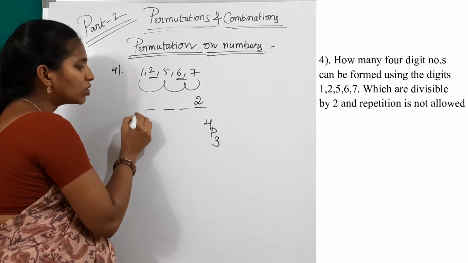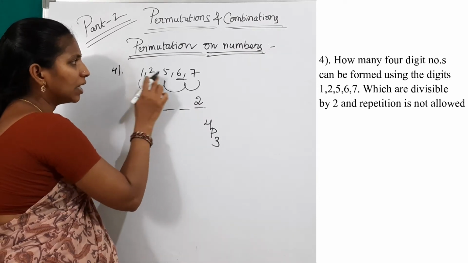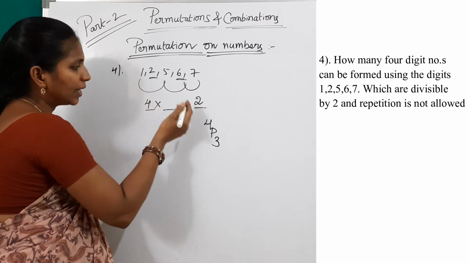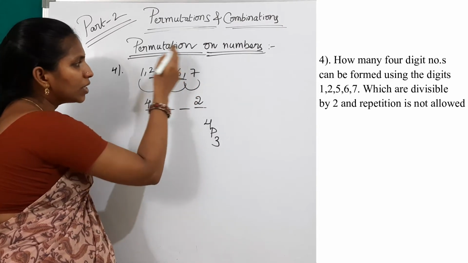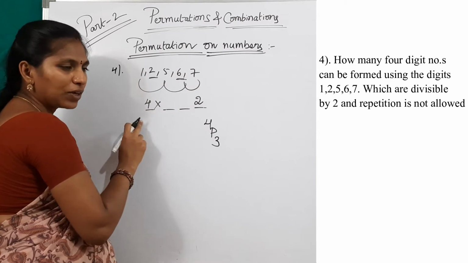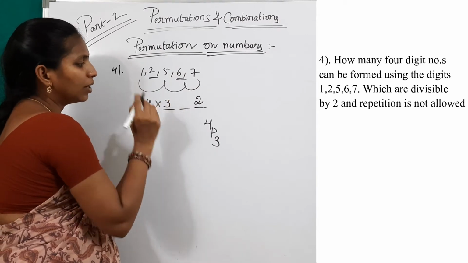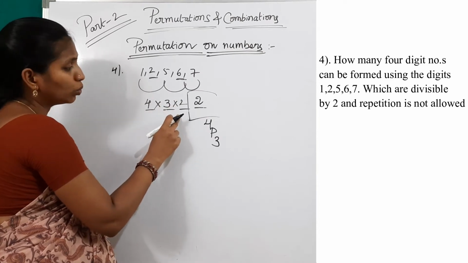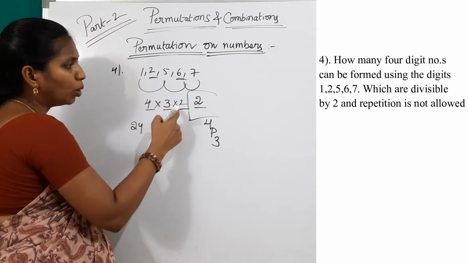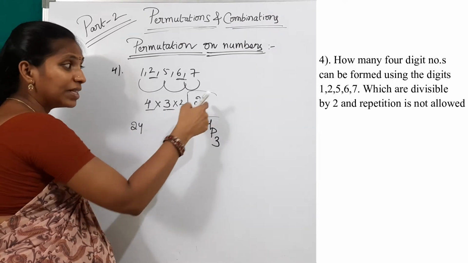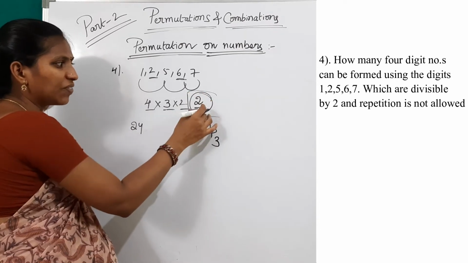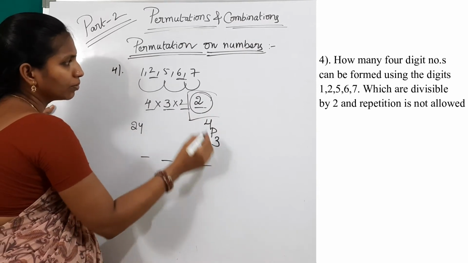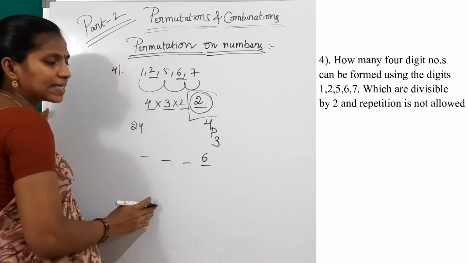There are 4 chances to fill the next blank because there are 4 digits, so 4 into 3, 12, 12 into 2, 24. Don't multiply by this 2 at the units place. It is a fixed element, not chances.